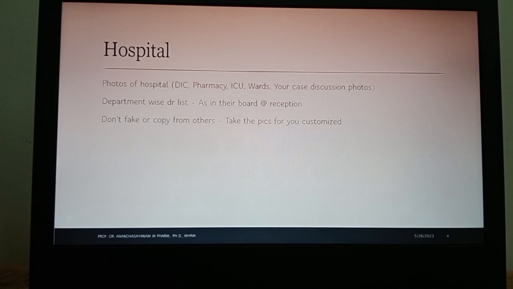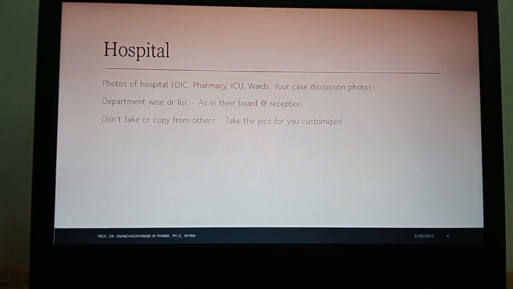And any interesting case or interesting happening in the hospital where you are allowed to take a photograph, you can add those if it is permitted as per the ethics committee rules of the hospital and of the college. Now, the department wise doctor list, as it is displayed on the board in the reception or at the entry point, can be put in as one of the additive photos in your presentation.